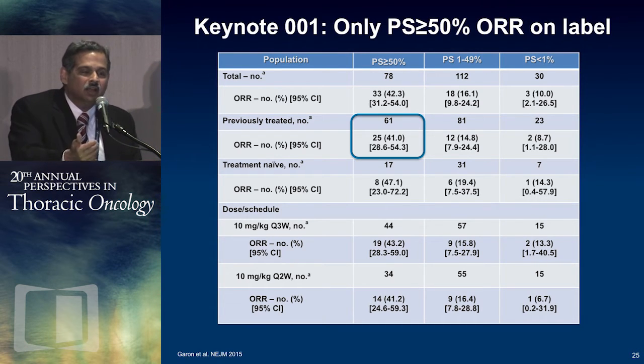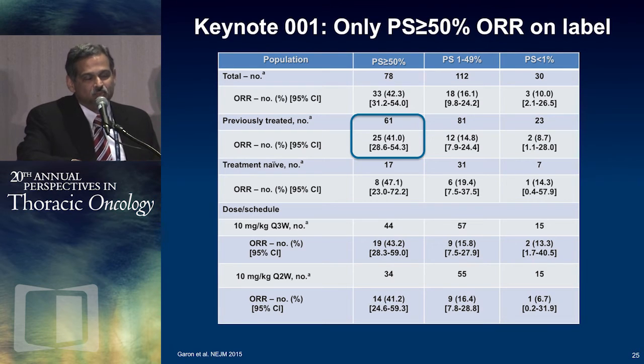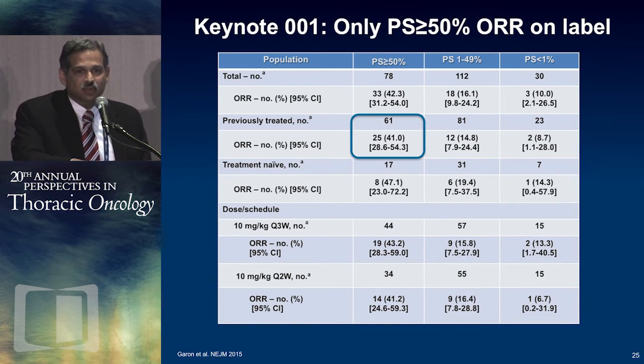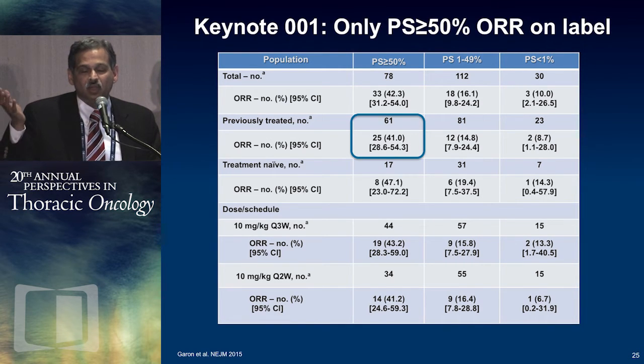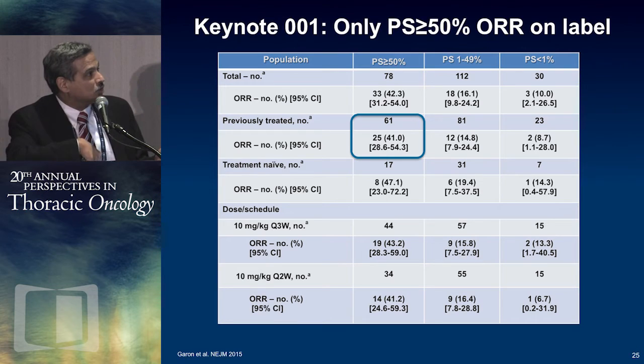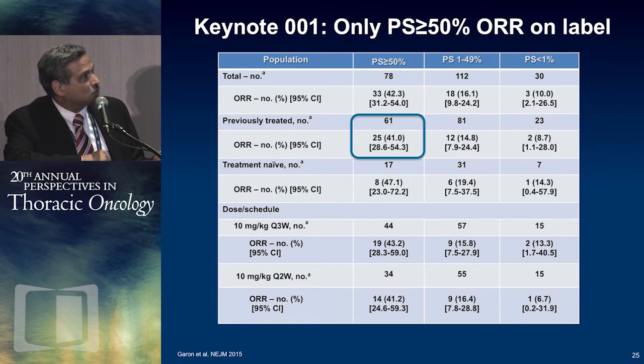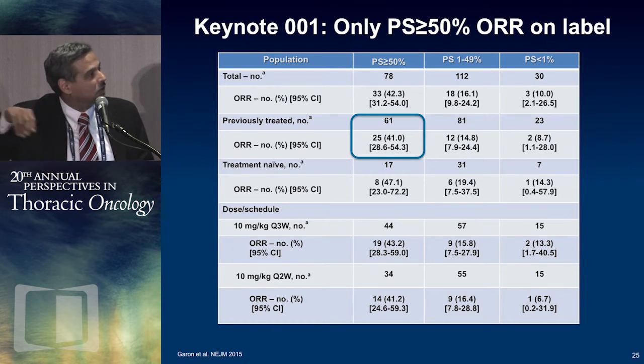They looked at 182 patients, which was their exploratory cohort, where they looked at whether PD-L1 expression predicted for benefit. And then the other 300-odd patients were a validation cohort. So this is 61 patients who had at least a PD-L1 expression of 50% or more. And in these 61 patients of the validation cohort, the response rate was 41%.